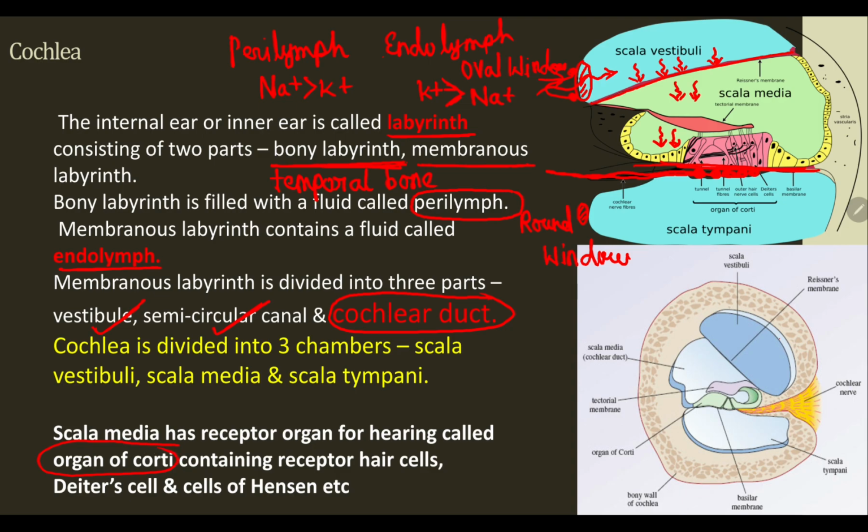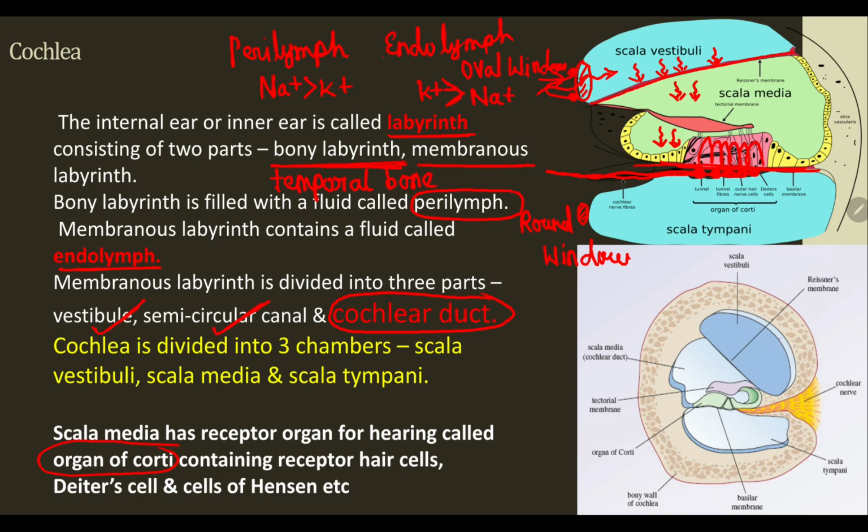It is present in the scala media. In this organ of Corti, sensory hair cells are present. These sensory hair cells bend toward a membrane called the tectorial membrane.